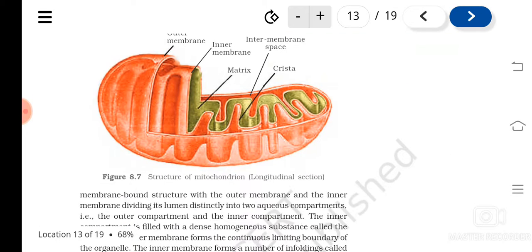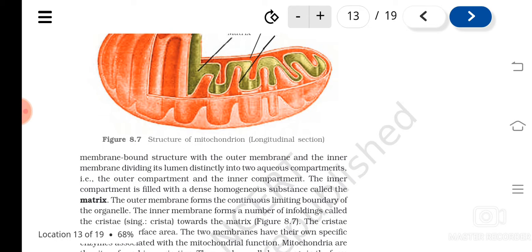When you see the structure of a mitochondrion, it has a double-layered membrane: an outer membrane and an inner membrane. The one which is outside is known as the outer membrane, and the one which is inside is known as the inner membrane.